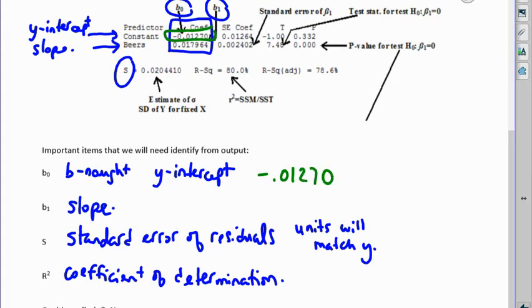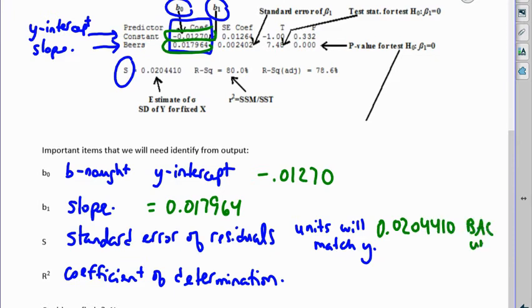Our slope, right below it, is equal to 0.017964. Our standard error was 0.0204410 BAC units, whatever they are. You might think that might be percent.